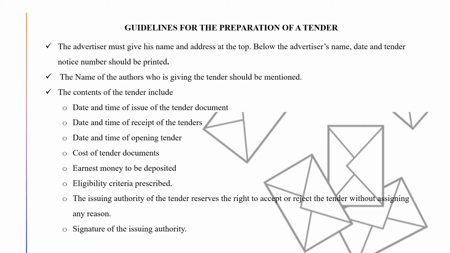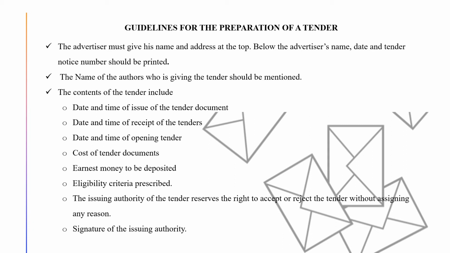Date and time of issue of the tender document, date and time of receipt of the tenders, date and time of opening the tender, cost of tender document, earnest money to be deposited, eligibility criteria prescribed. The issuing authority of the tender reserves the right to accept or reject the tender without assigning any reason. Signature of the issuing authority.